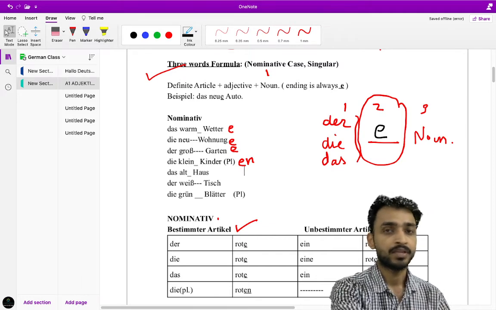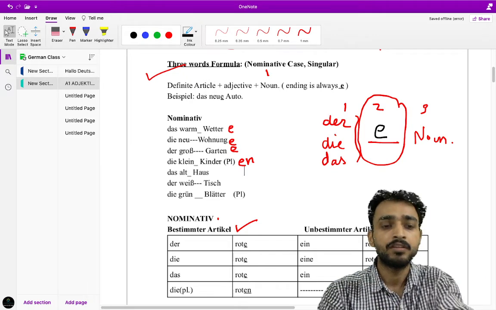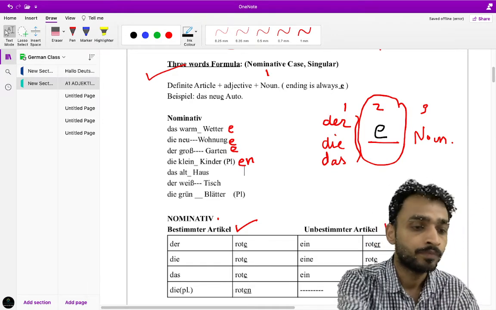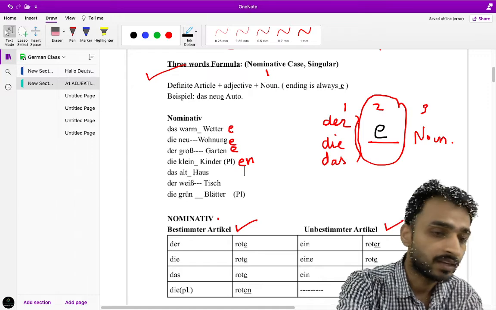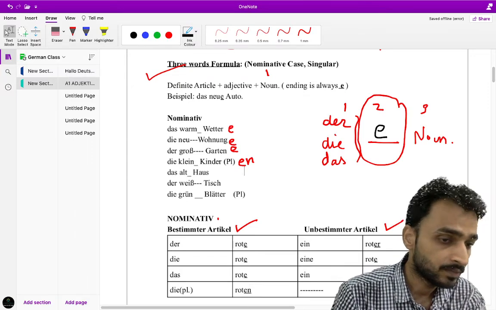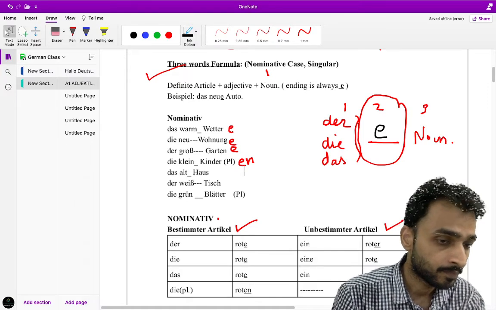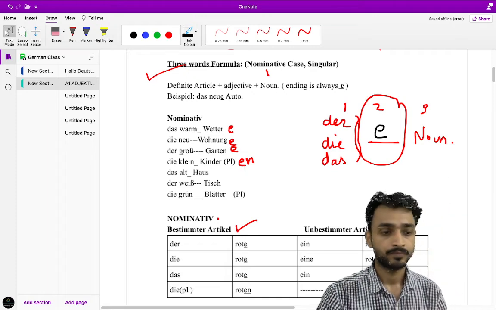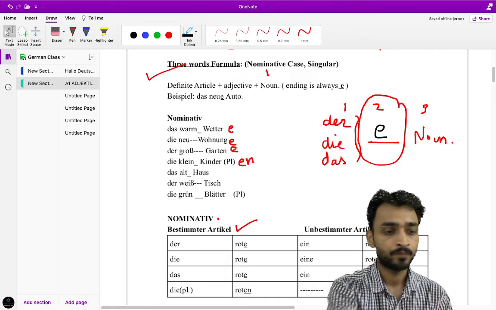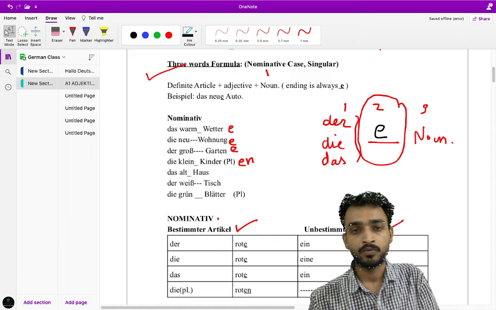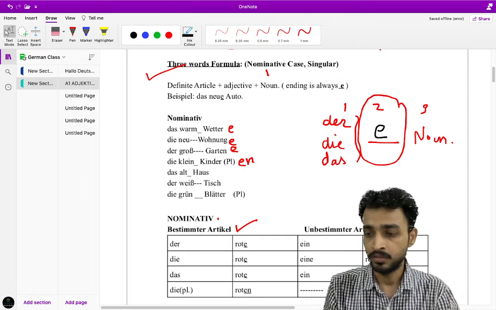So you need to take care. What is the adjective ending with? The noun, the suitable noun. According to the noun, you have to change the ending. So it depends upon the noun.